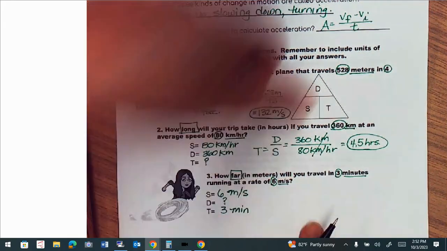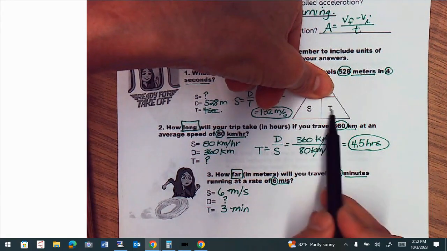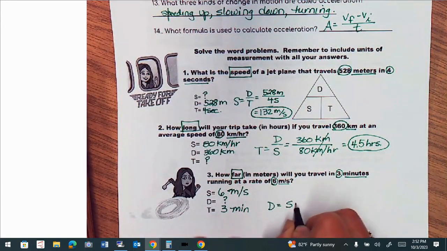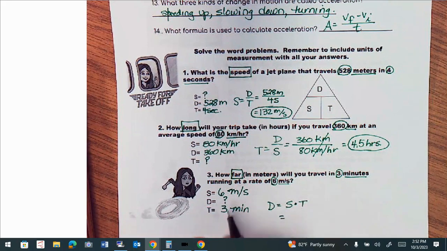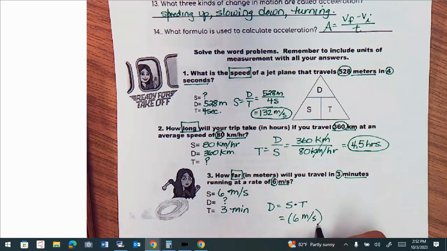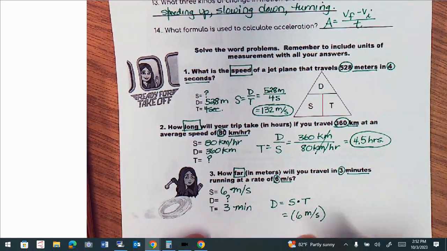So distance is speed times time. Our speed is 6 meters per second. Our time is in minutes. Well, we need to change minutes into seconds.